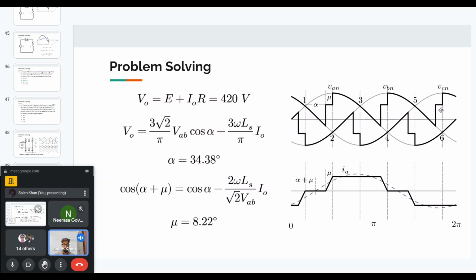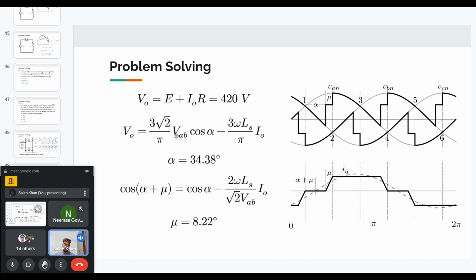Then, using the equation for the three-phase circuit with source inductance, which you can find in the course lectures or in the textbooks, the average output voltage depends on the line-to-line voltage, the alpha angle, the source inductance, and the load current. We have already determined the load voltage.